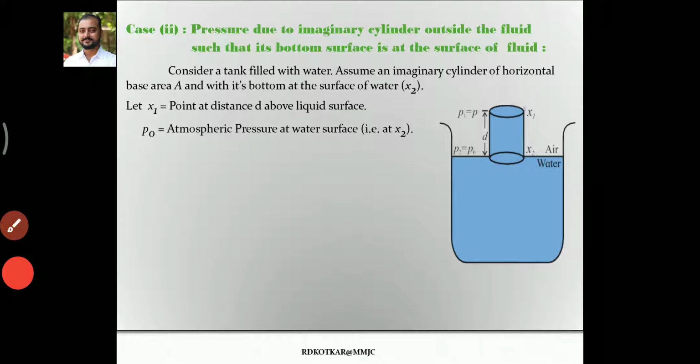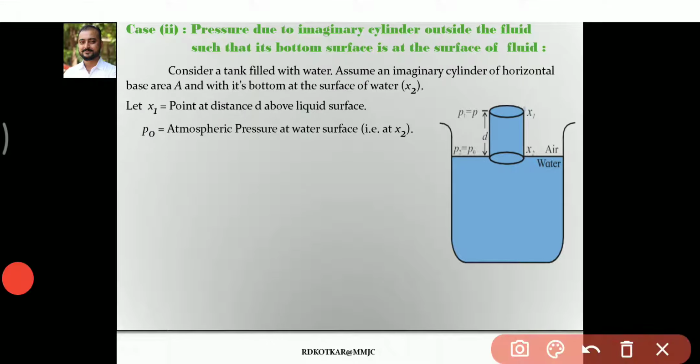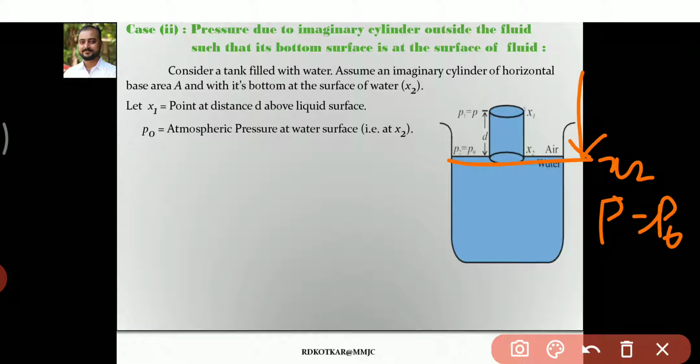Then P0 is the atmospheric pressure acting at the water surface, and that is x2. So at x2, on the surface of liquid, there is the presence of atmospheric pressure, and so at this stage x2 the value of pressure is considered as P0.